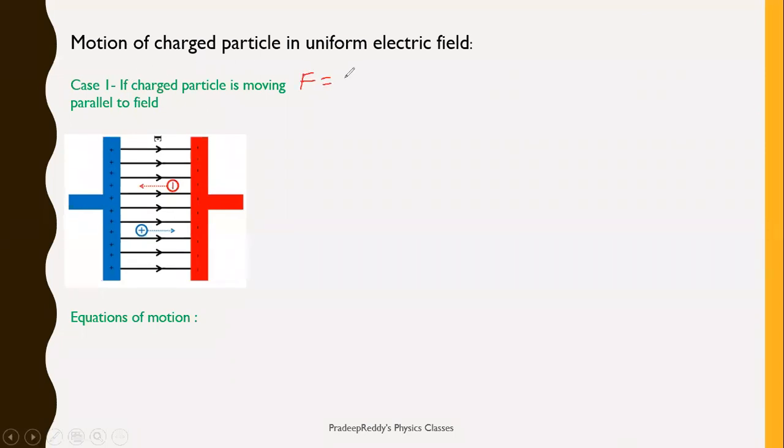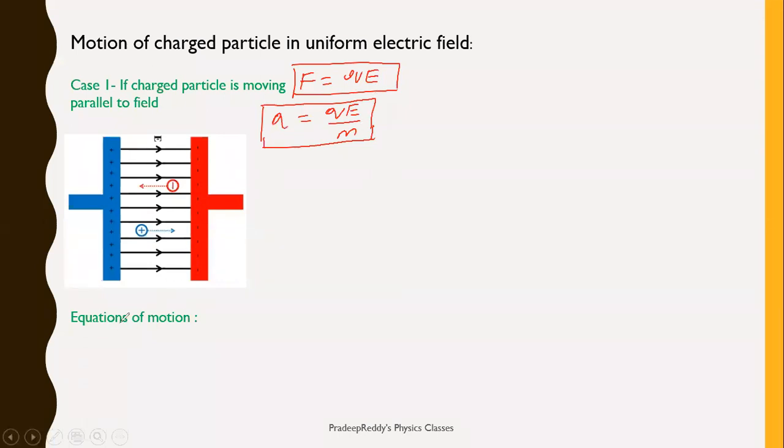F is equal to Q into E, and we have also learned acceleration a is equal to qE divided by m. I am dealing with only positive charge. I don't want to make it complicated by taking negative. So these are the equations we have derived lastly.